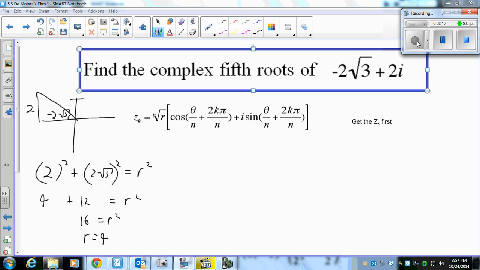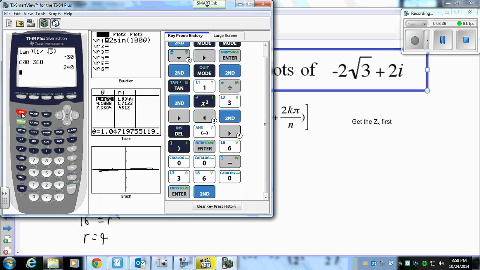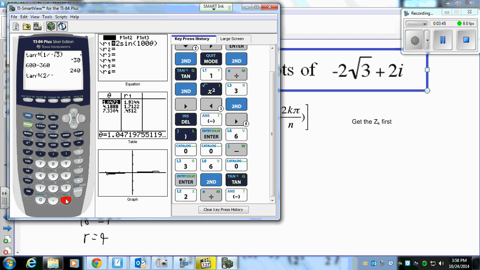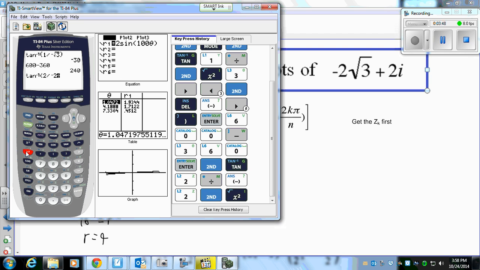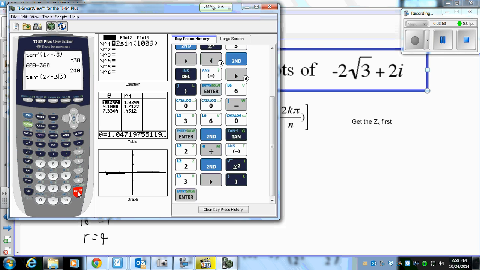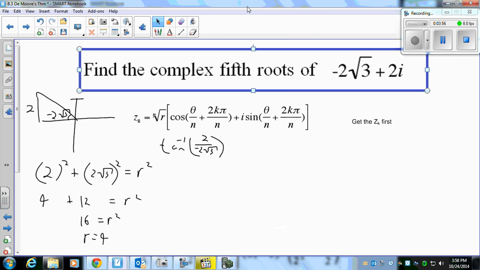To find my theta, I'm going to do inverse tangent of y over x. So I have 2 over -2 square roots of 3. Pulling out my trusty calculator, I do inverse tangent of 2 over -2 square roots of 3, and it's -60 degrees as my principal angle.